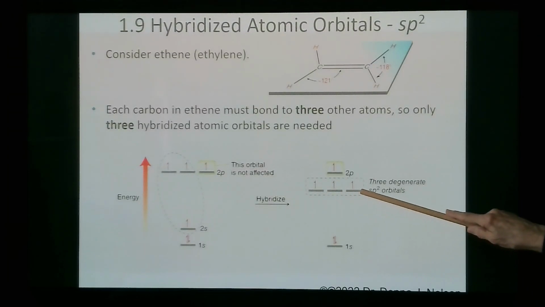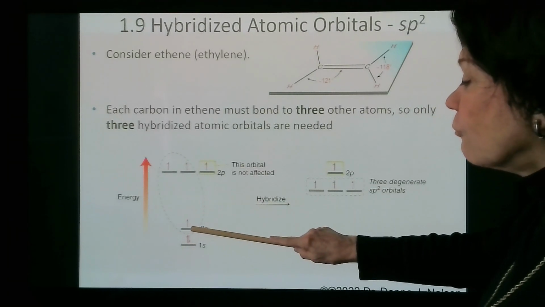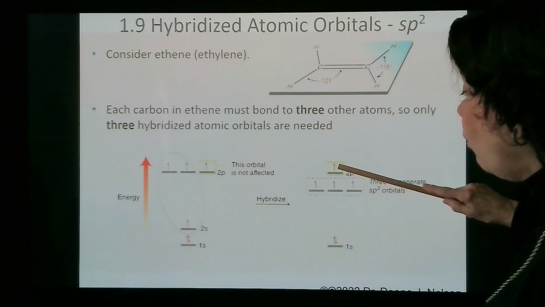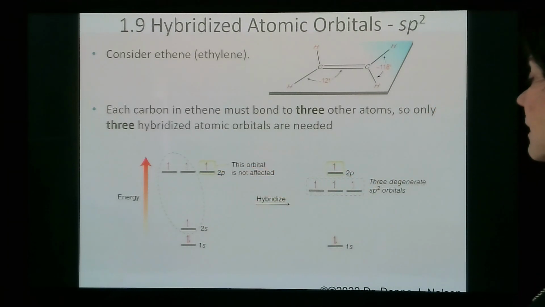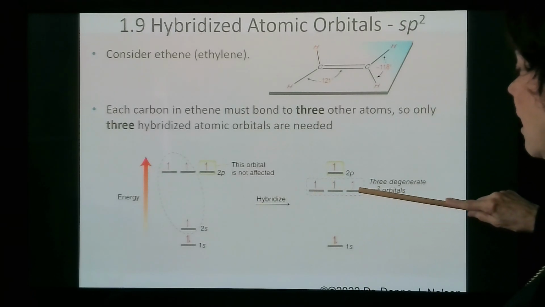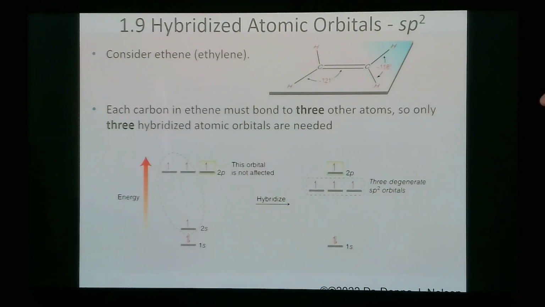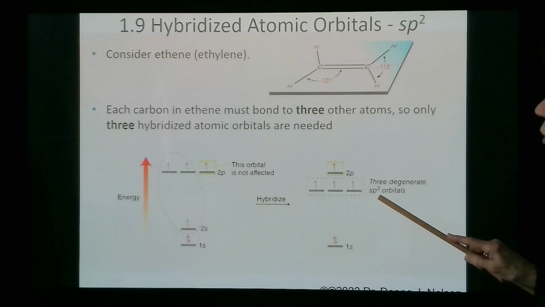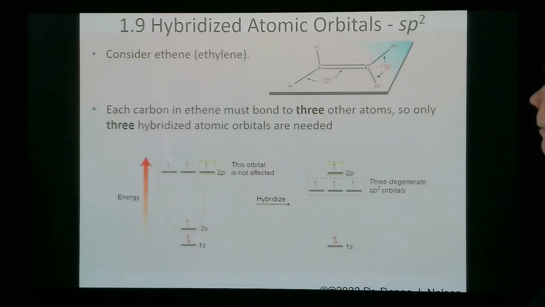And the energy level will be 2/3 of the way up from the 2s level and 1/3 of the way down from the 2p level. So the energy level of these hybridized orbitals reflects the fact that each sp2 hybridized orbital is 1 part s and 2 parts p.